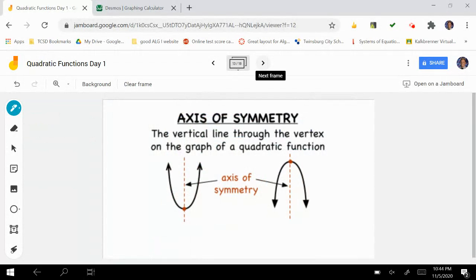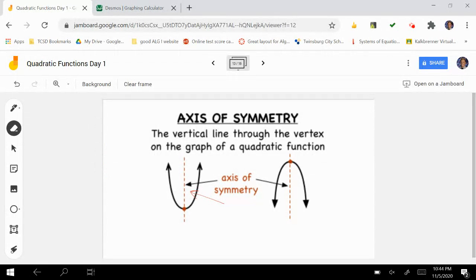Another vocab term is the axis of symmetry. The axis of symmetry is that vertical line, which we know is not a function, right? Because every function normally starts with what letter? Y equals. But here, we know that this vertical line is not a function, so this isn't going to be y equals.